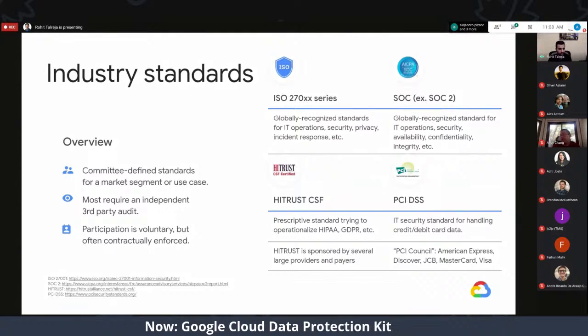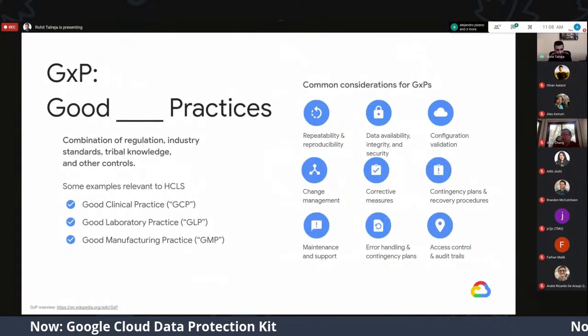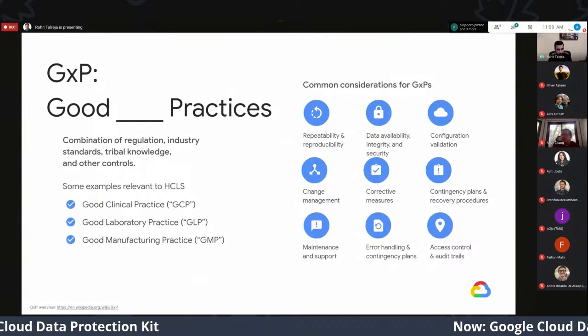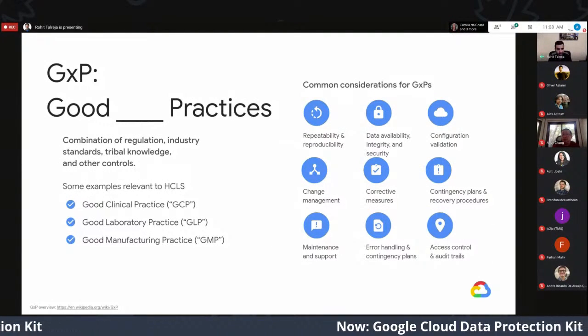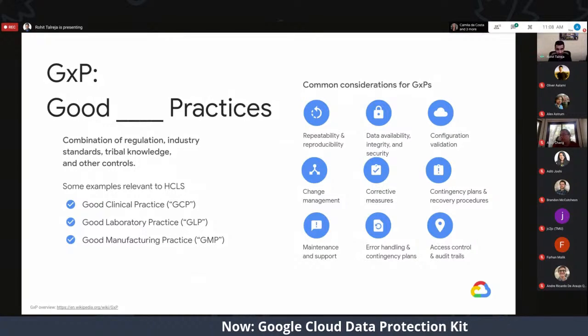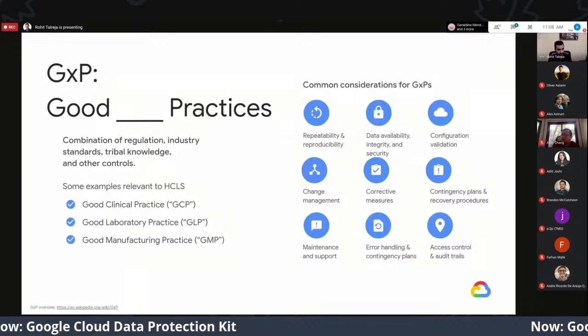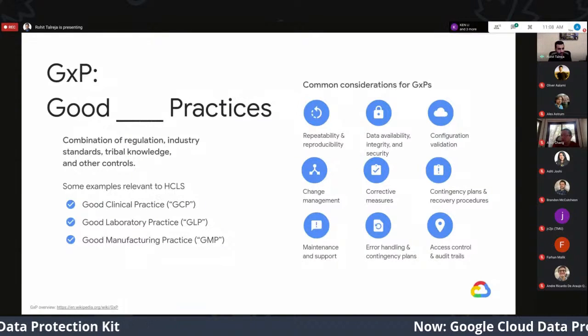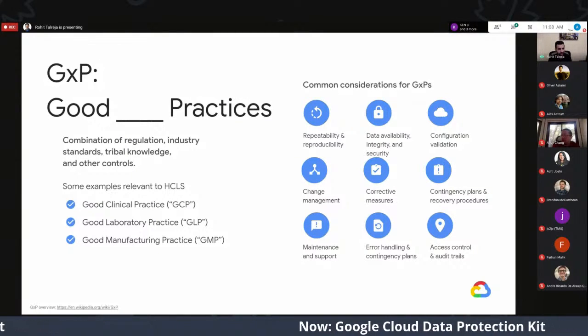And finally, in the pharma, drug development, life sciences, and medical devices space, there's a very large set of regulation referred to as GXP. GXP stands for Good Blank Practices.